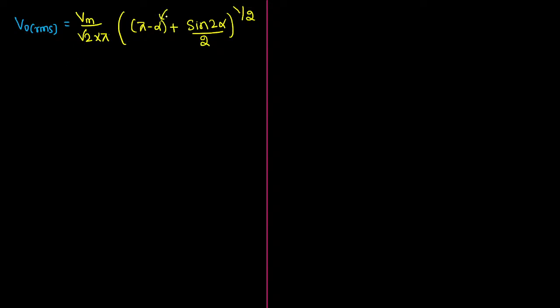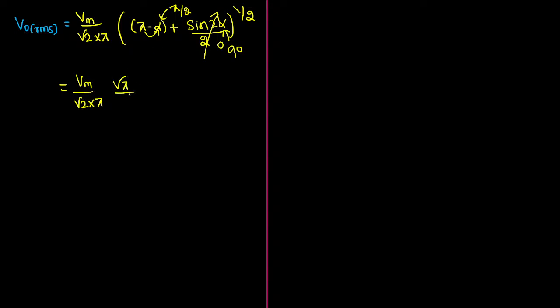They clearly told that the value of alpha is 90 degrees. Here you should substitute in radians for pi minus alpha. For the sine, you need not convert to radians, you can keep 90 degrees itself. Anyway, 2 times 90 is 180, and sine 180 is 0, you all know. So this factor vanishes. Remaining is Vm divided by root 2 into pi, times root of pi minus pi by 2, which is pi by 2 under root.